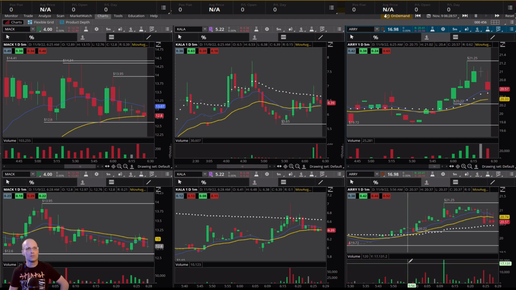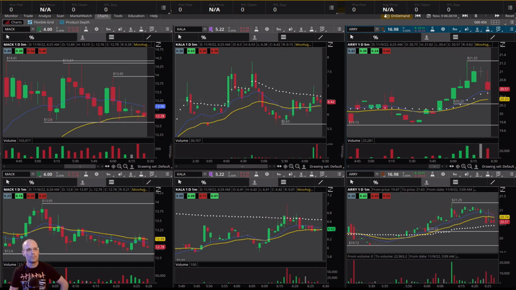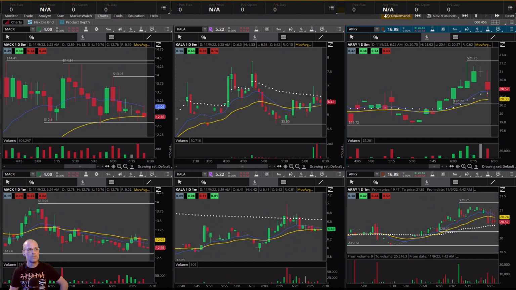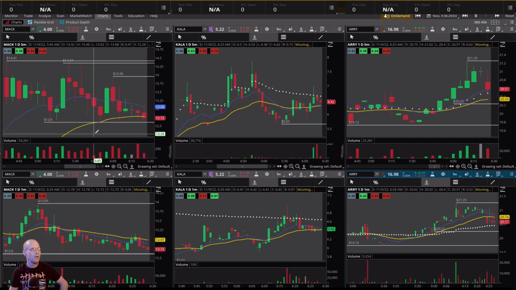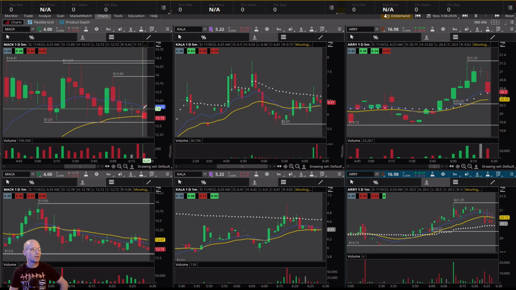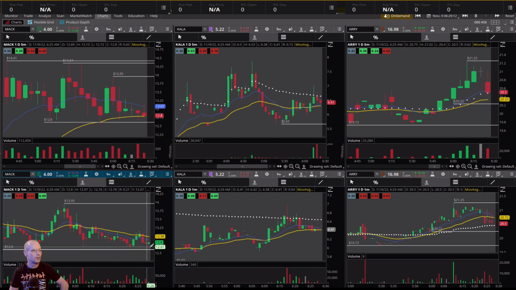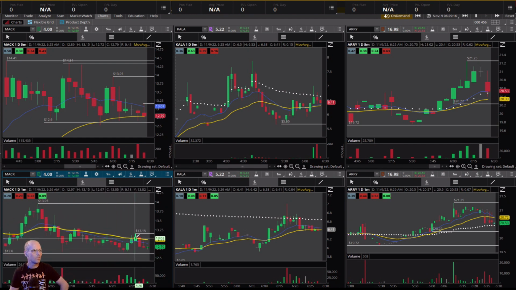So a minute to go till the market opens. Failing again on MACK. So not a lot of hope for the bulls there, but like I said, we're about to open. Could see some volatility. I want to get above 13.15 on the 1-minute time frame and hold in order to take a trade.